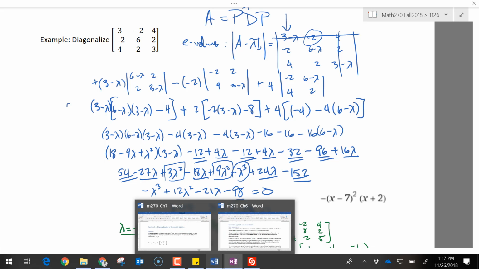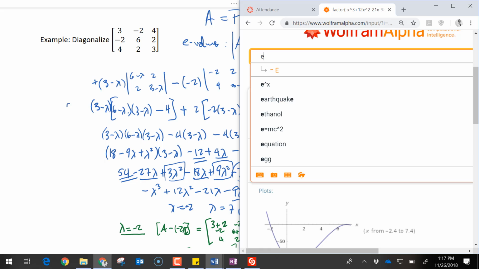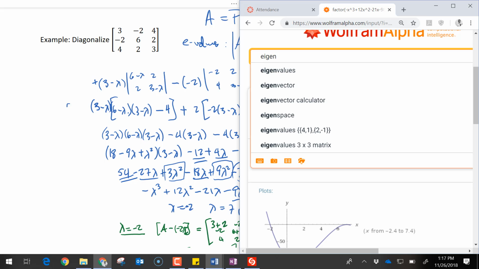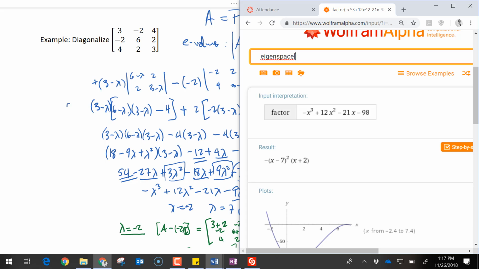So eigenspace, maybe space. I don't know, I forgot the commands. Let's work it out here.